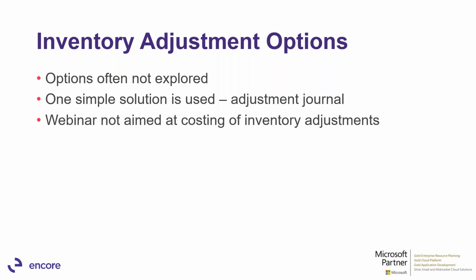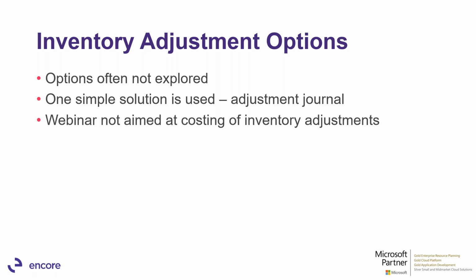And then as a result, they simply decide to go ahead with what is familiar, which is the one option only, which is a simple inventory adjustment. Okay, so we are going to explore the other three options in Dynamics 365 today.